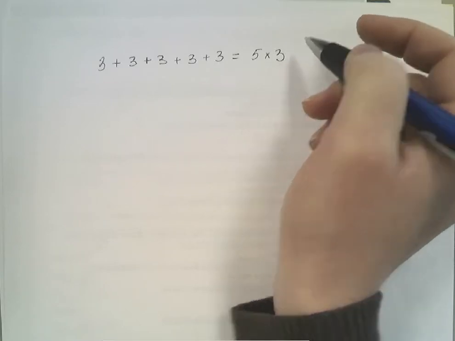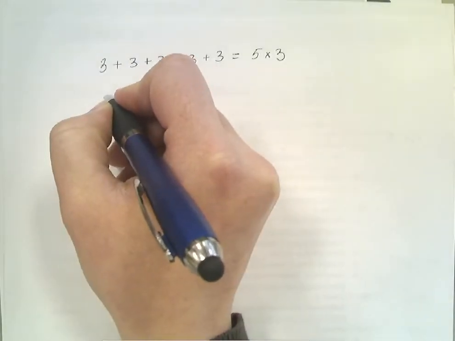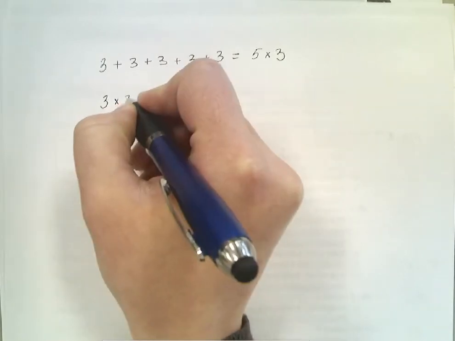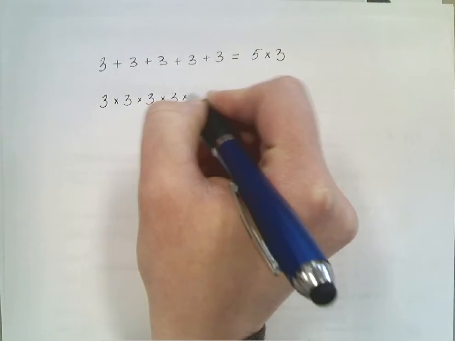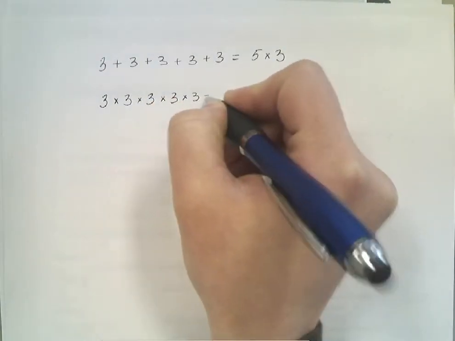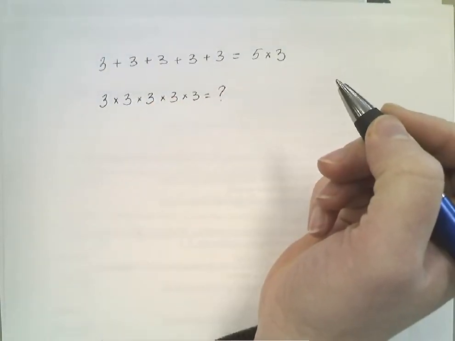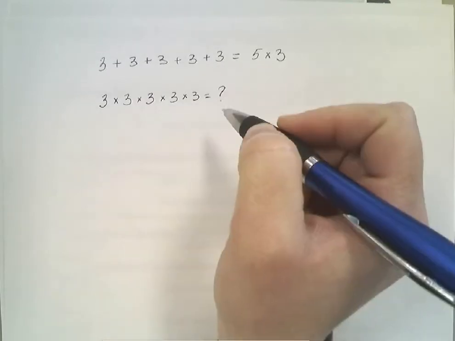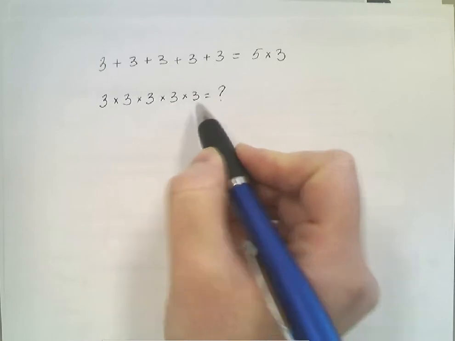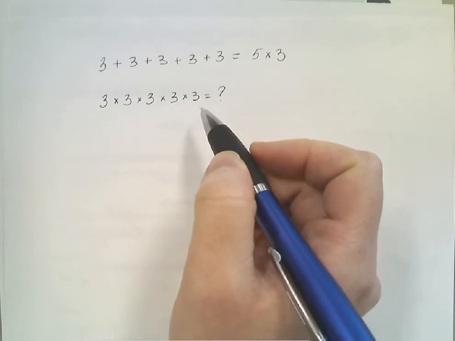But what if we have something like this? 3 times 3 times 3 times 3 times 3. How would I call that? Is there a more efficient method of doing that other than multiplying 3 by itself 5 times? And there is a method.